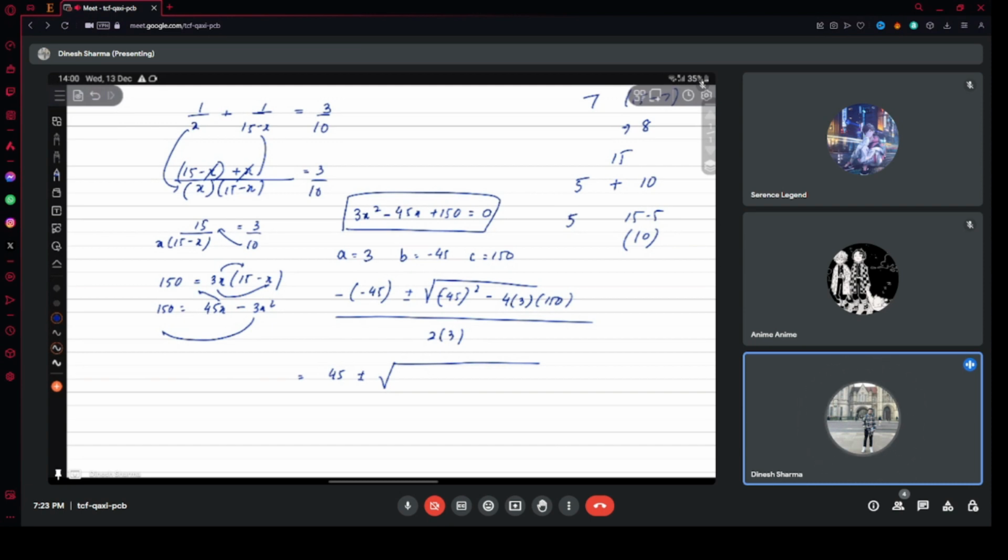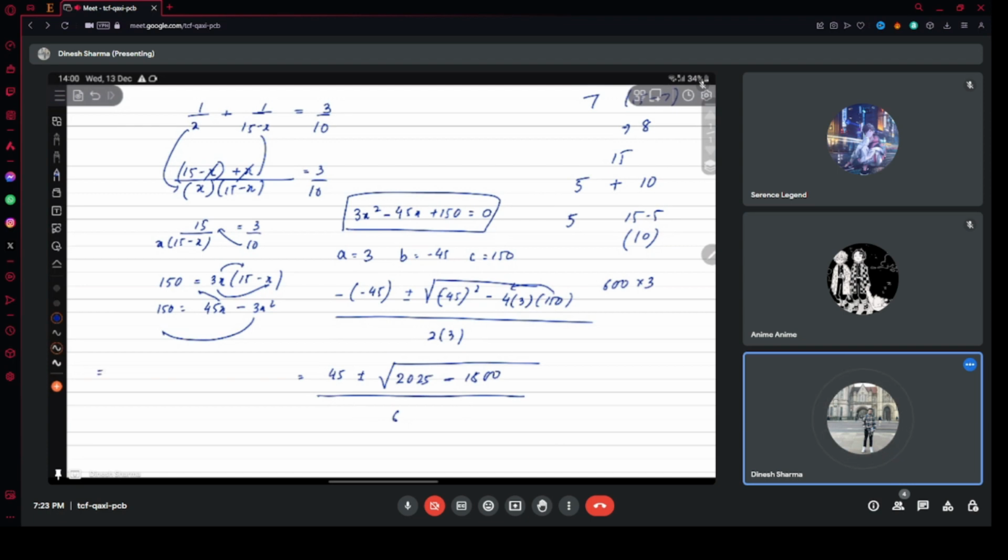It's not necessary. It is 2025. And this one is minus 4 into 3 into 150. 150 into 4 is 600. 600 into 3 is 1800. Divided by 2 into 3, which is 6.